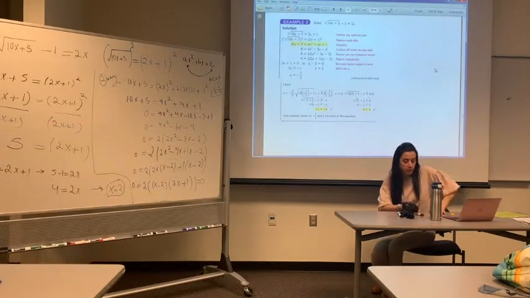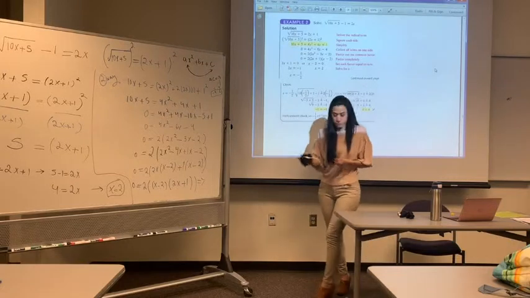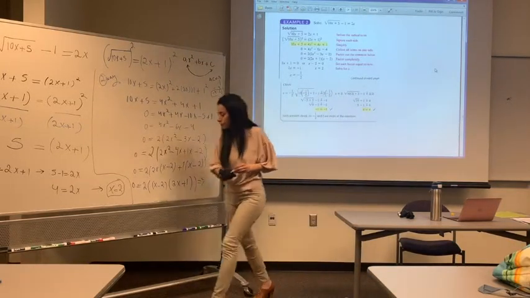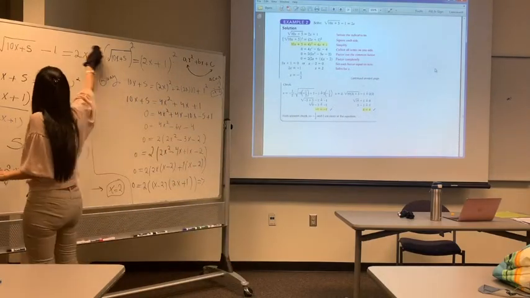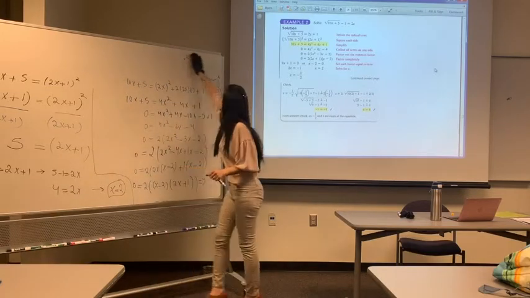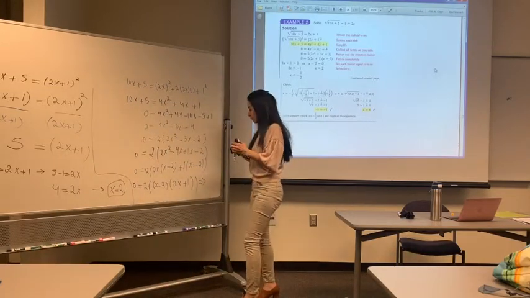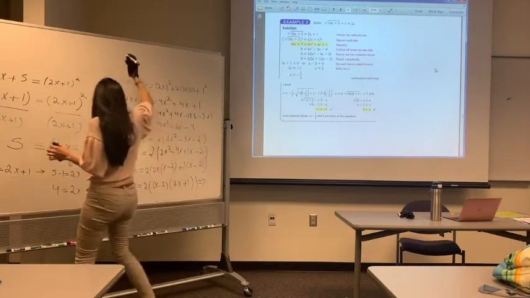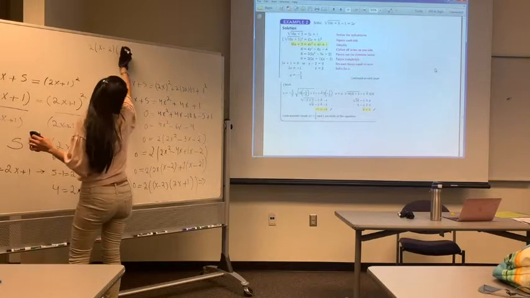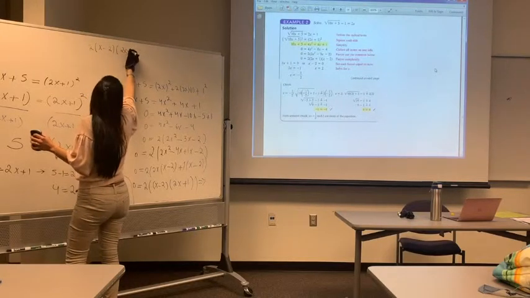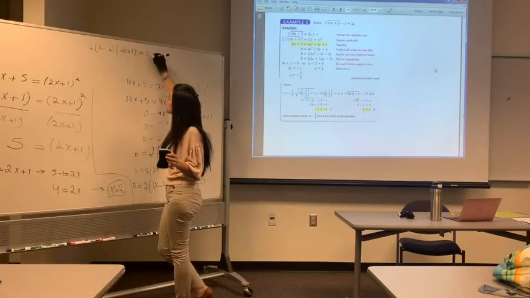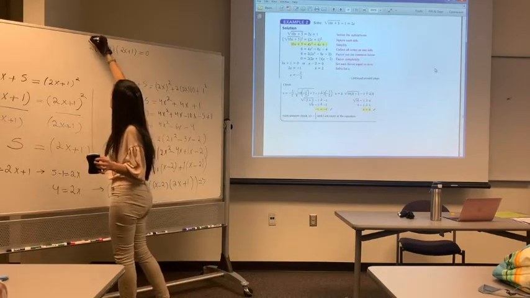So what is the answer? Let me continue somewhere else. We should use zero product, right? We have 2 multiplies x minus 2 multiplies 2x plus 1 equal to 0, zero product.